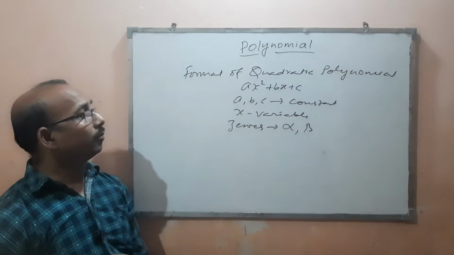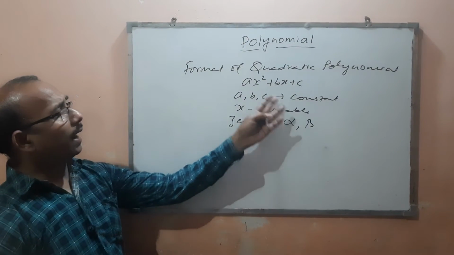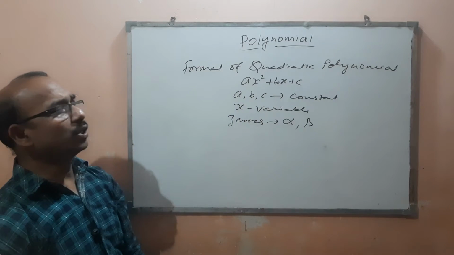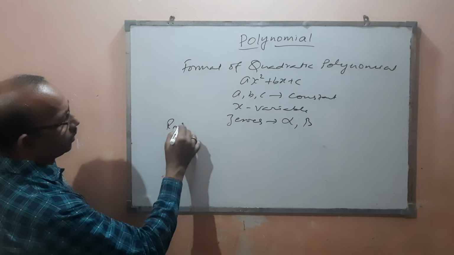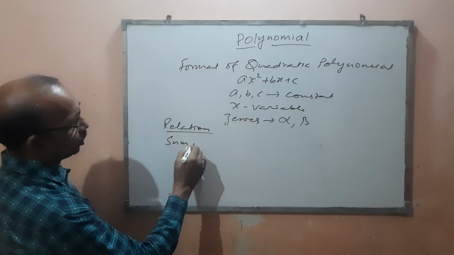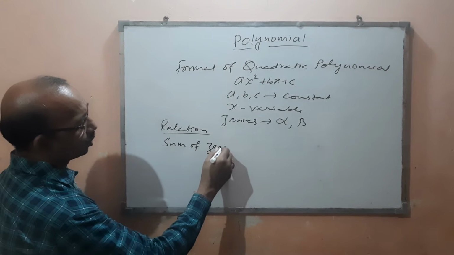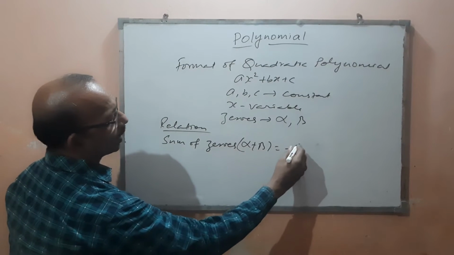So I am giving you the relation between the zeros and the coefficients a, b, c. At first, the sum of zeros means alpha plus beta equals minus b upon a.